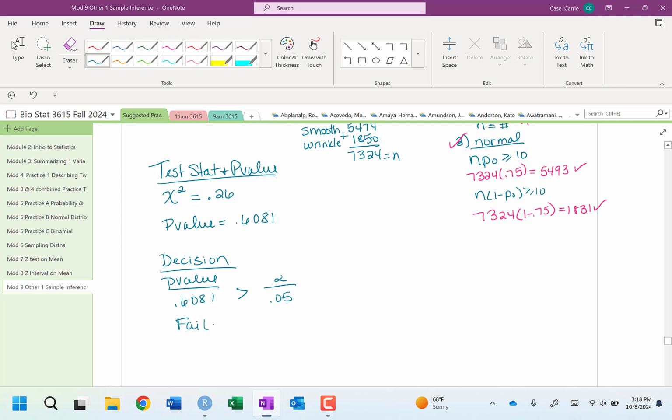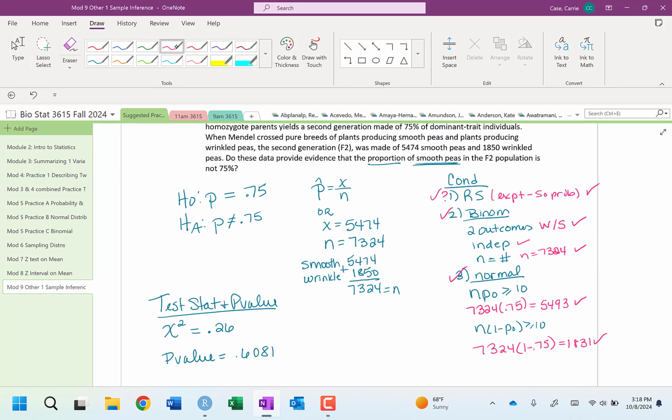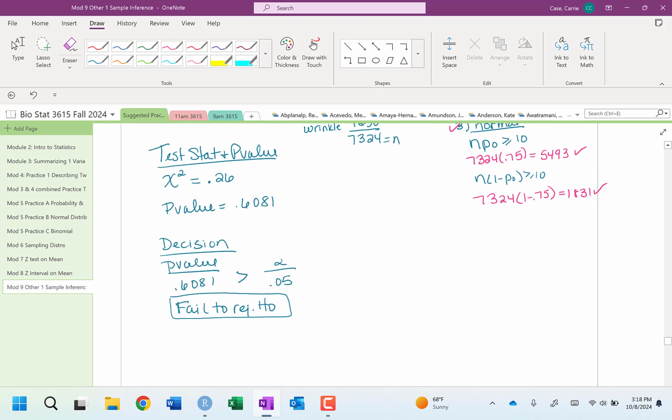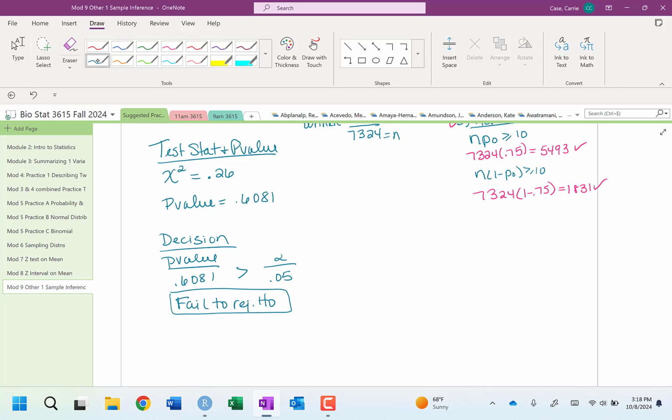So we're going to fail to reject Ho. If we fail to reject Ho, remember, we have to keep it. And if we keep Ho, there is not evidence for Ha. So our conclusion here is there is not evidence at any reasonable alpha level.